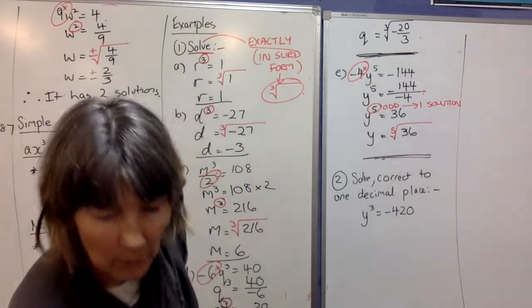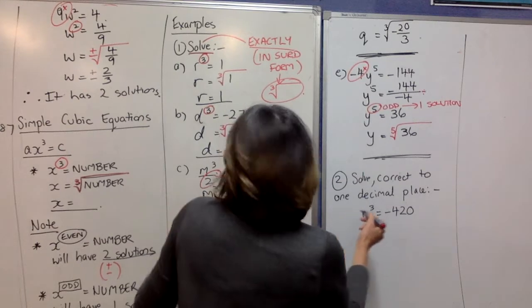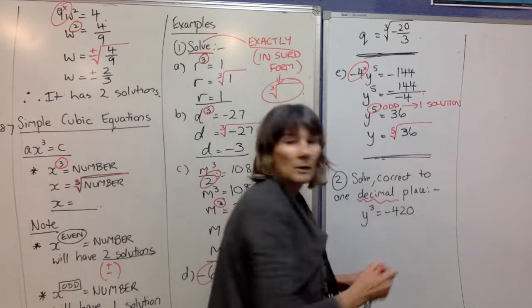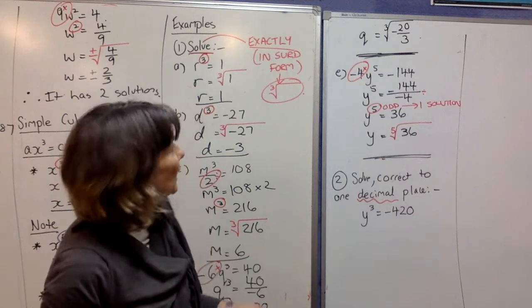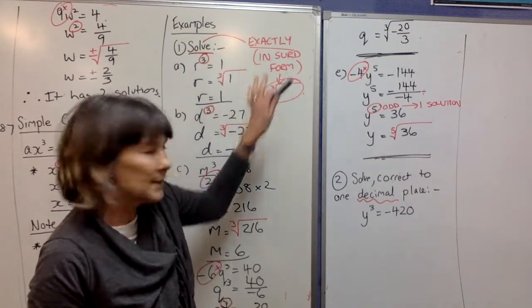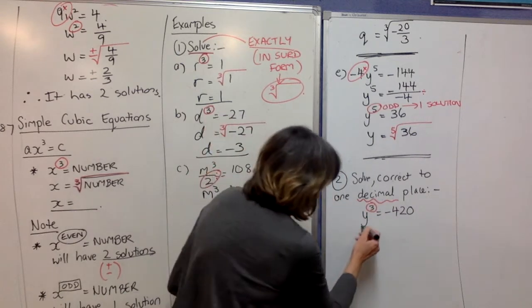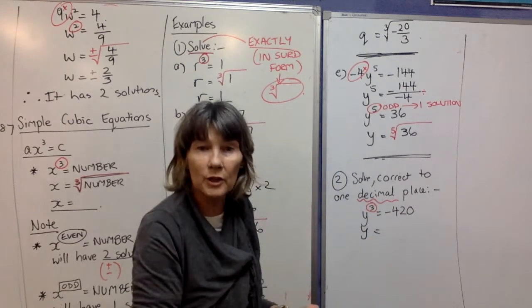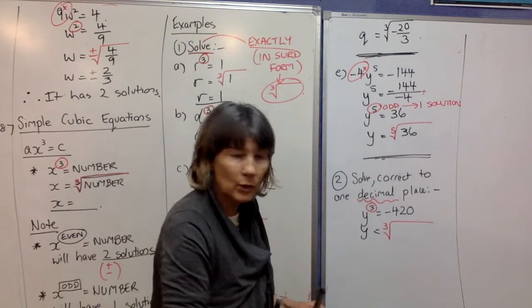Now let's look at the next question. See how it says decimal here, like we had over there? So we know we're going to get a messy answer, but that's okay because they want that, all right? But if it just says solve, we're writing it exactly. All right, so we're going to get rid of our cubed, come over and do the opposite operation, which is cube root of minus 420.